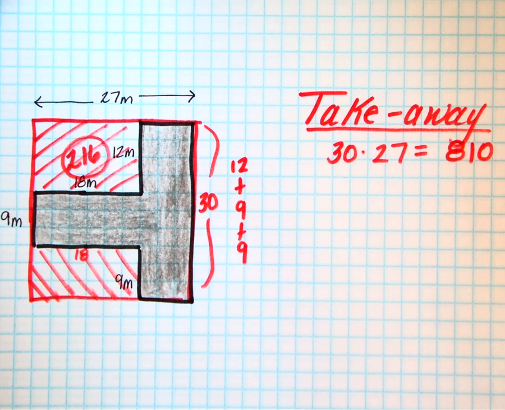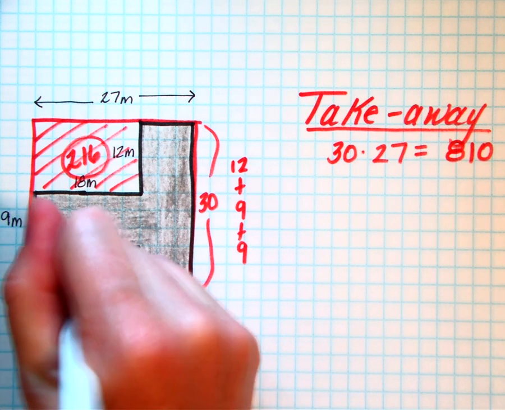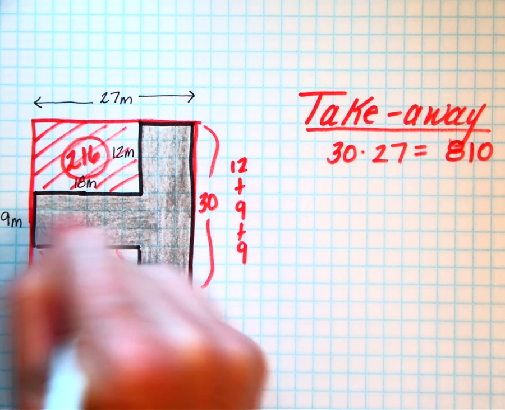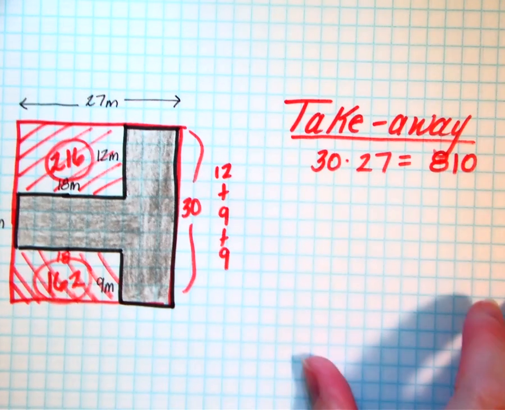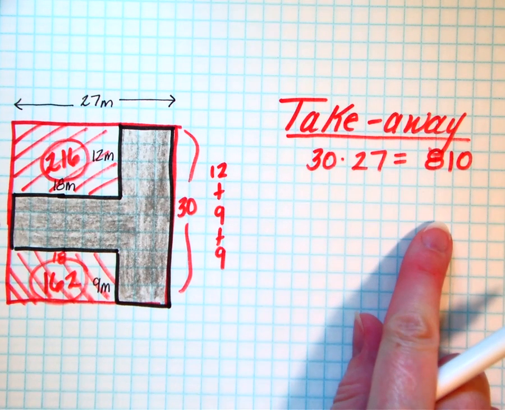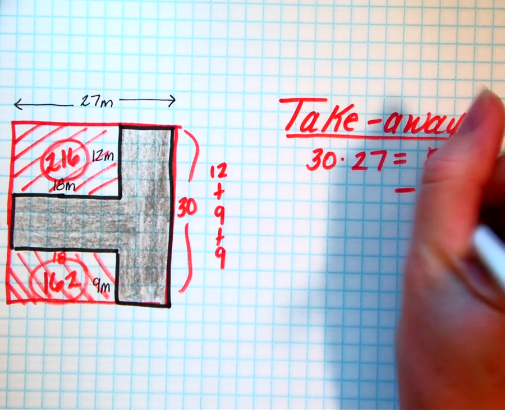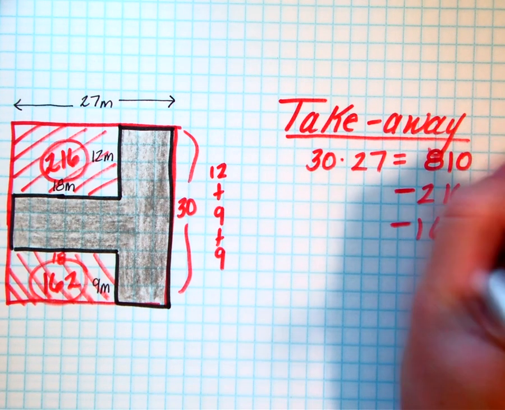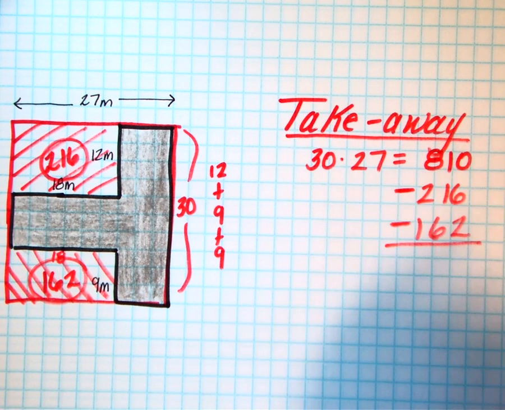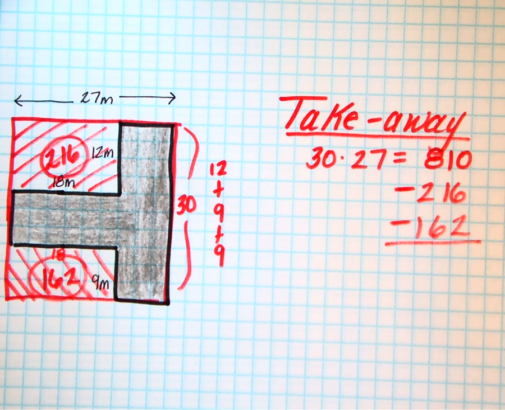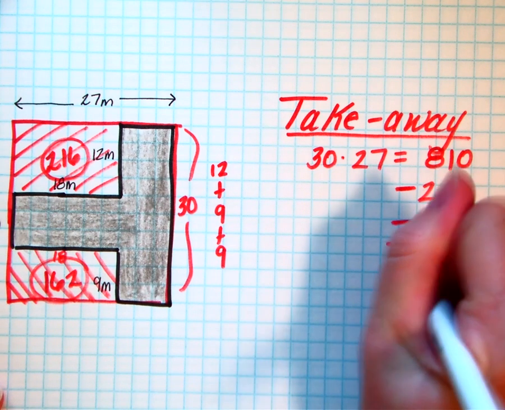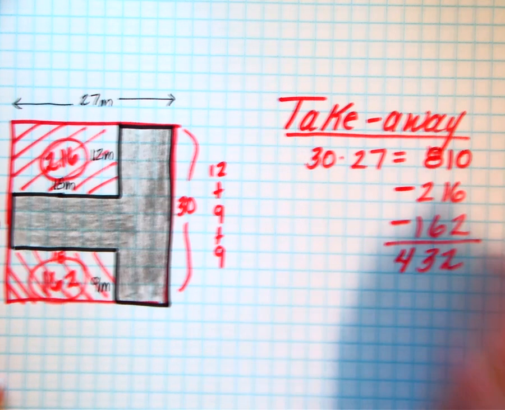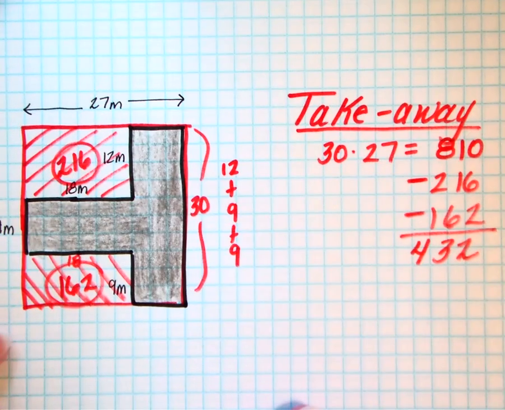Let's see, 18 times 9, 162. Okay, so I'm going to start with 810, and I'm going to take away 216, and then I'm going to take away 162. So, type that in, and if you did it right, you got the exact same number.